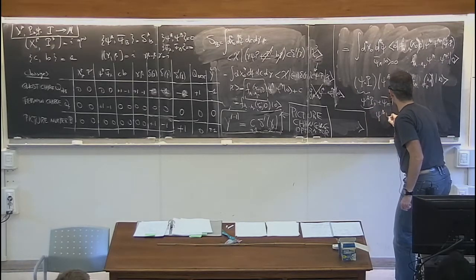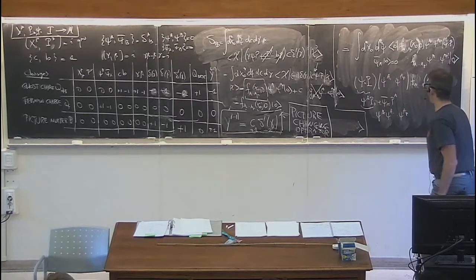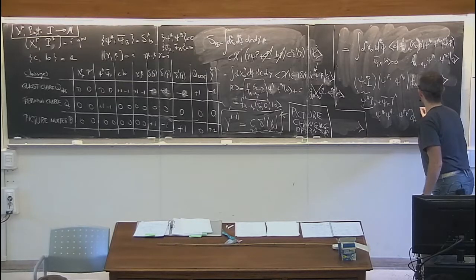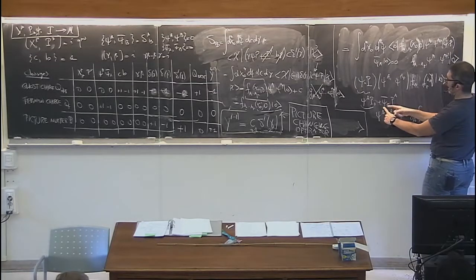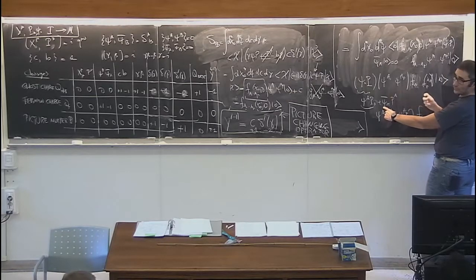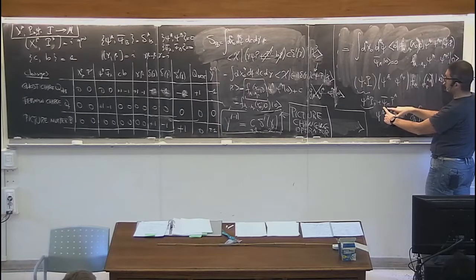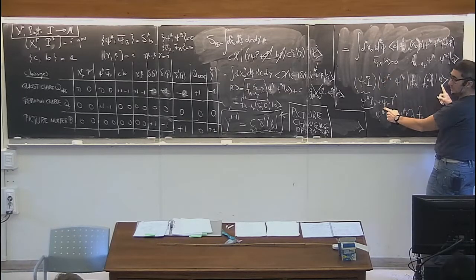Psi a1 times psi ap, times the derivative with respect to a of the function f a1...ap. This is the first term. In the second term, I have to bring this psi to the end of this list. Every time I find one psi here, the psi bar produces a delta function, until I reach the vacuum, which is 0.